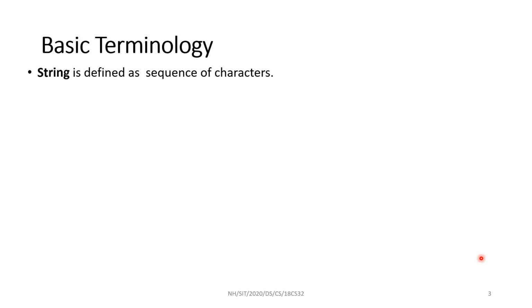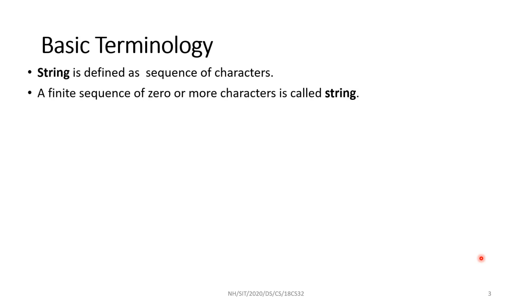How do you define a string? As we have seen earlier, string is a sequence of characters, but there is a special character at the end of the string that is called null character.